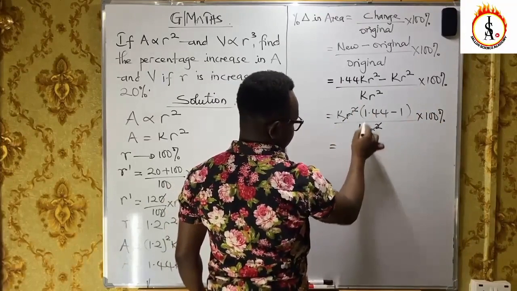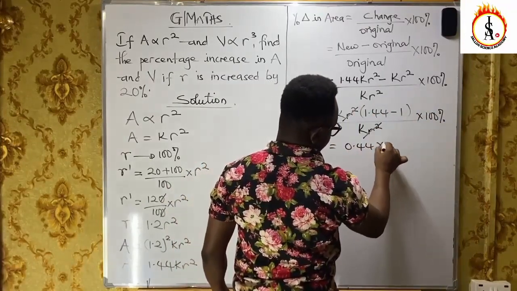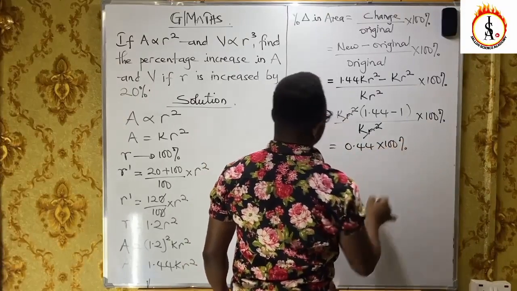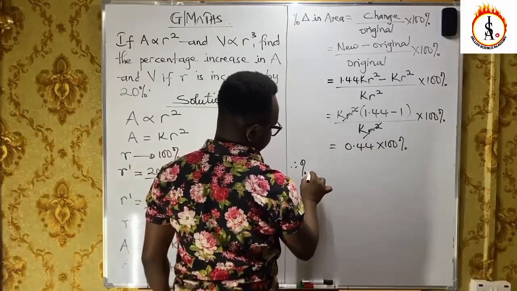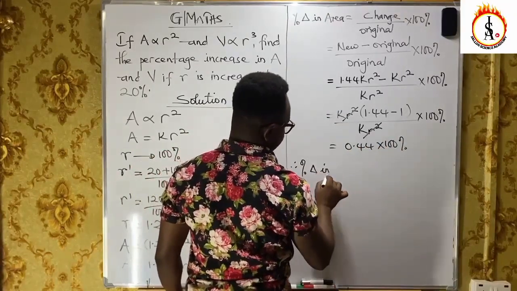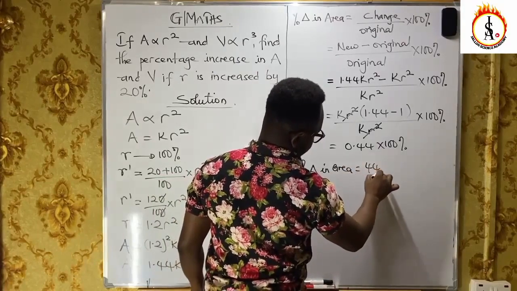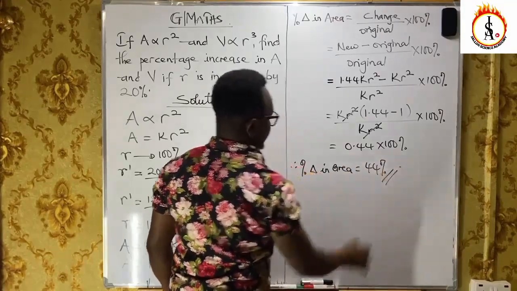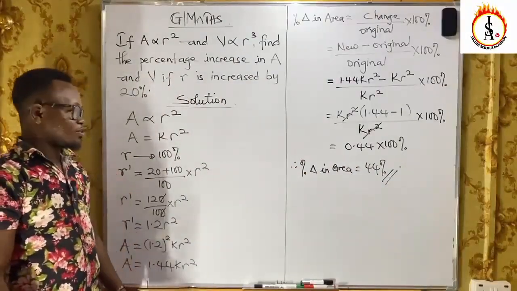We'll have here 1.44 minus 1 gives us 0.44 multiplied by 100%. Therefore, the percentage change in area is going to be equal to 44%.